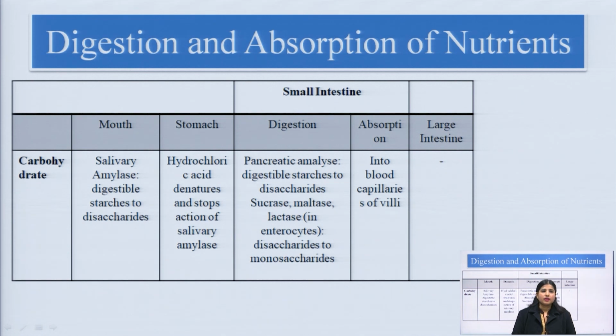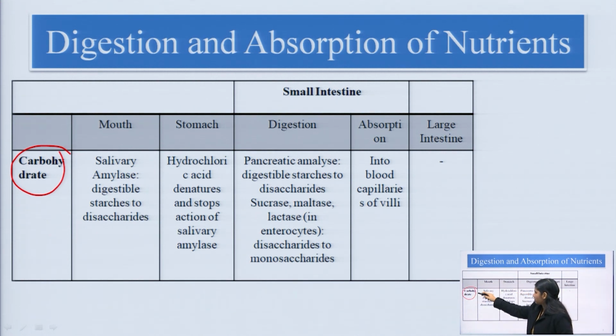Now, see the carbohydrate in all of the sections which I told you earlier: mouth, stomach, small intestine and large intestine. In all of these areas, what is going on with carbohydrate?